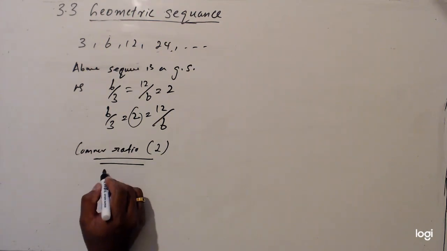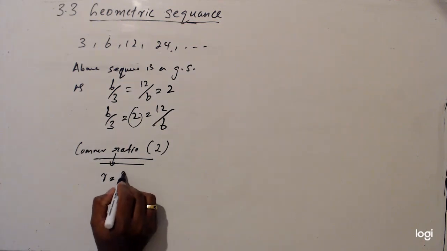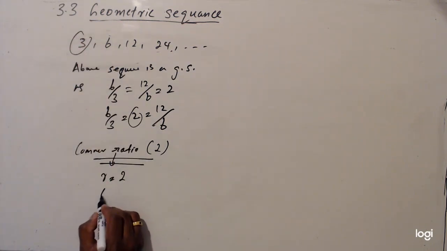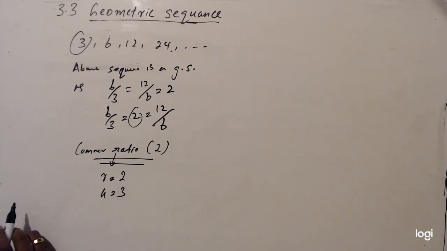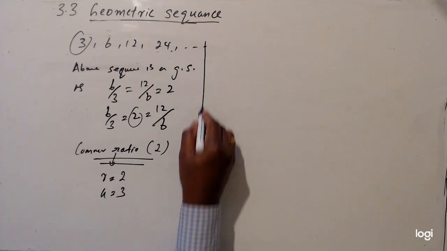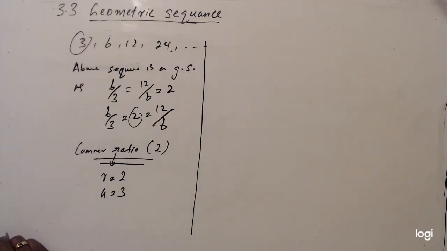Let's take this as r, then the r value is 2. And we know that this is the first term, a equals 3. Now, how do we write the other terms of this geometric sequence? We can write like this.